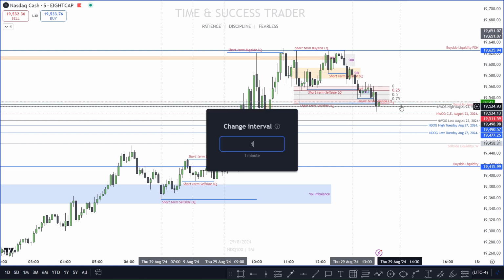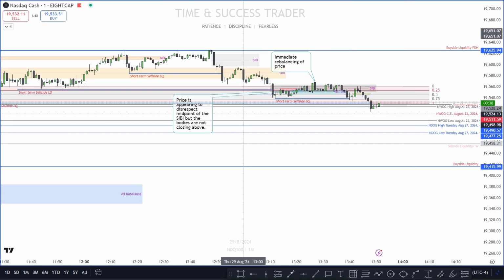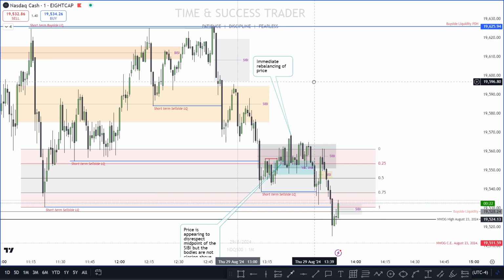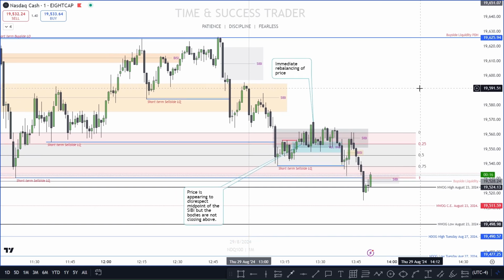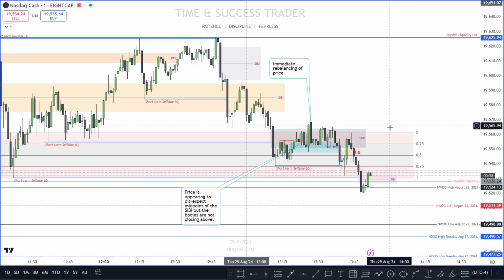Okay, that candle right there. Okay, I like the closure of this candle.